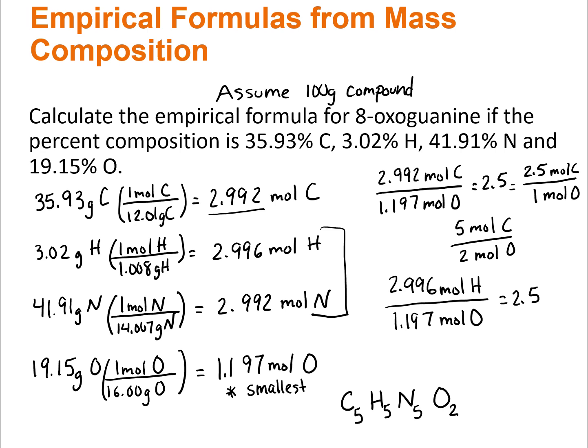So I don't have another example of this, and we have other topics to cover. So unfortunately, we're going to have to move on from the empirical formulas to do the molecular formulas. But we do have another example where we're going from figuring out the empirical formula and the molecular formula, and there's more than 2 elements.